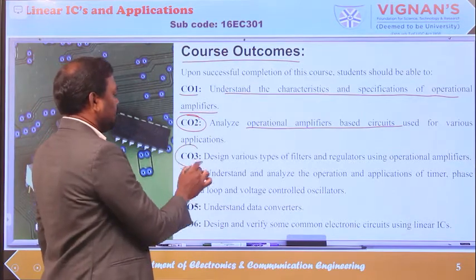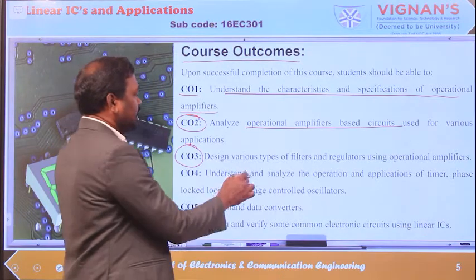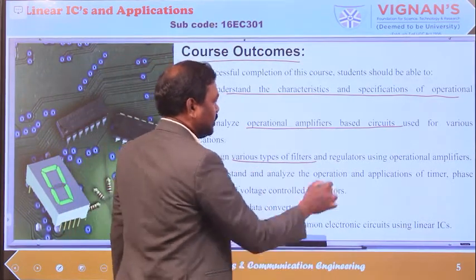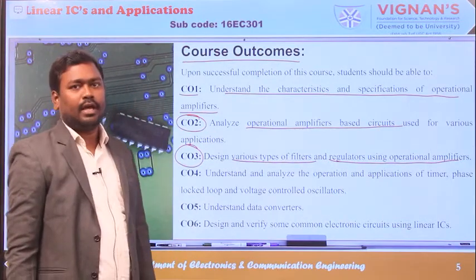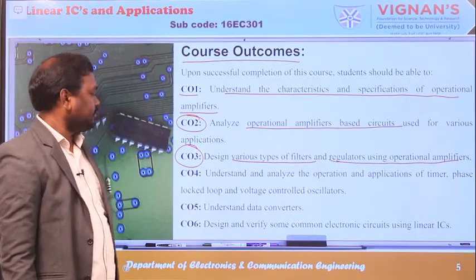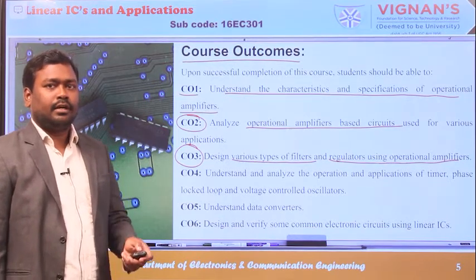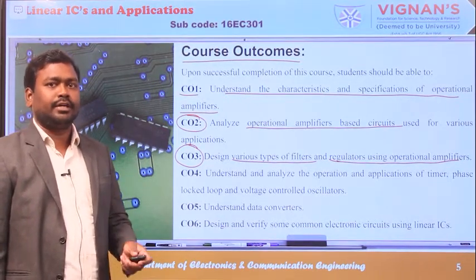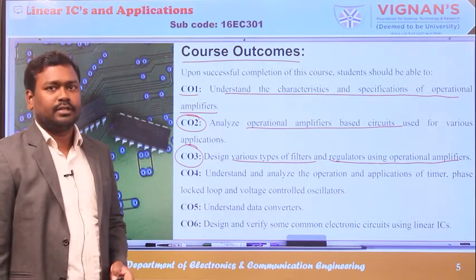Next, third outcome. Third outcome is design various types of filters and regulators using operational amplifiers. In the third unit, we study different filters and designing of different filters as well as designing of regulators.